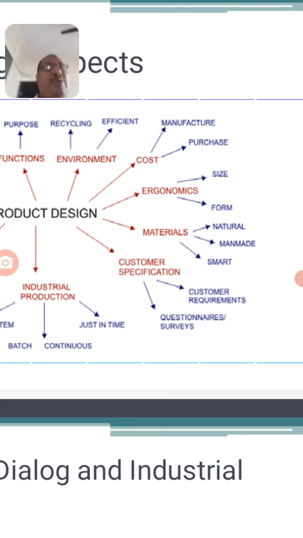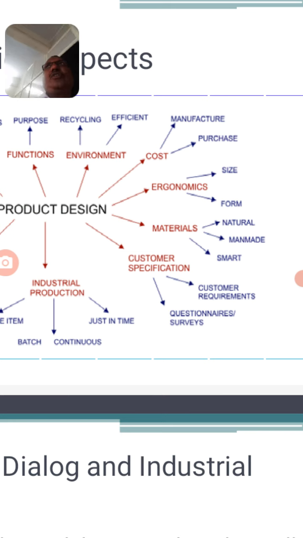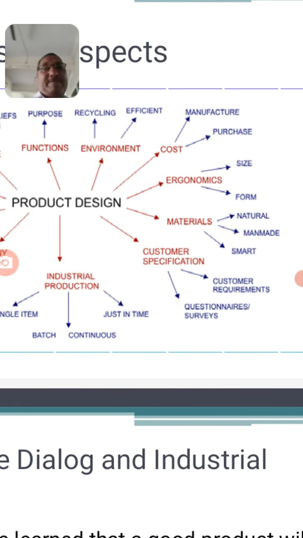So this is also an important aspect of product design. Suppose in China, if you bring a Chinese material to India, it is cheaper than the manufacturing cost of Indian industries. So that aspect should be considered over here.